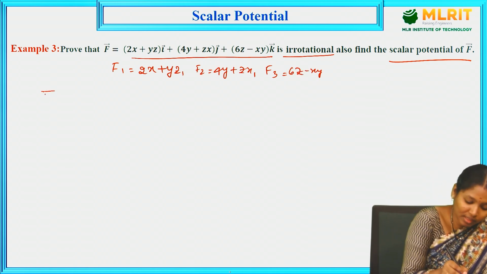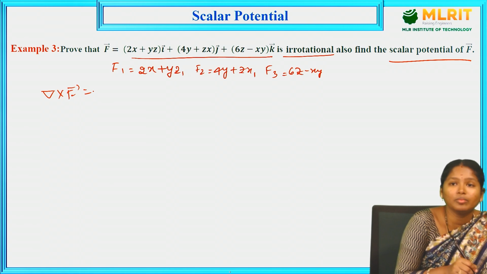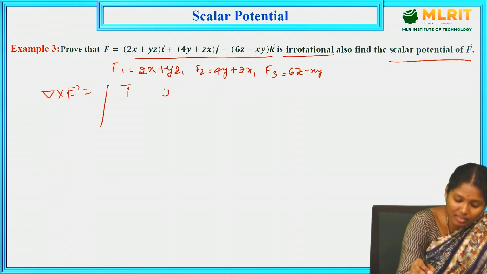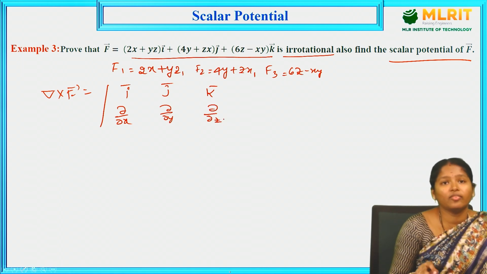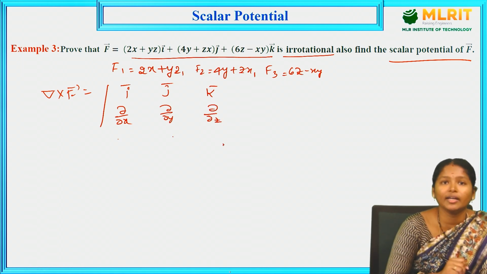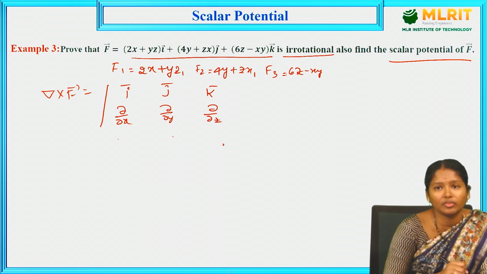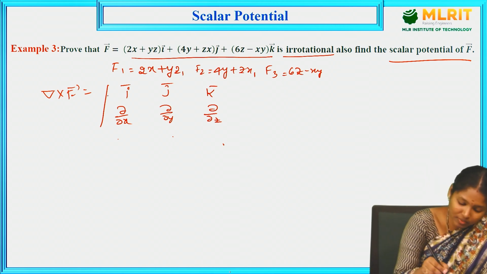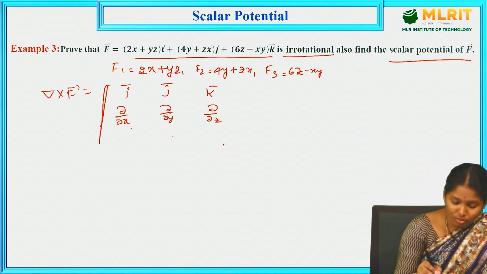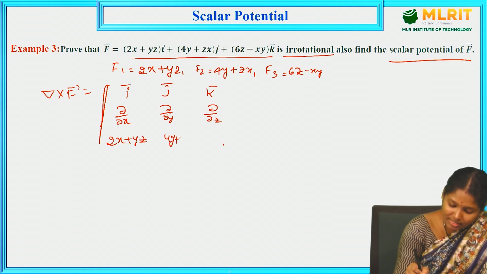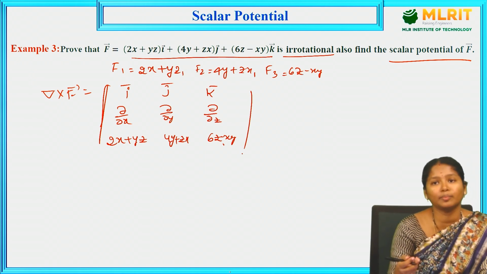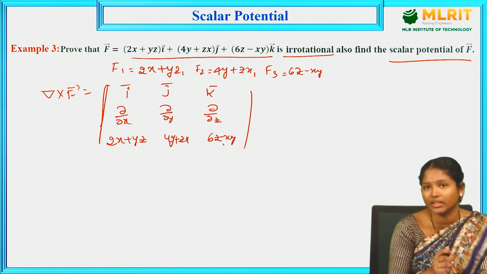So using the curl f bar formula, what is the formula? i bar, j bar, k bar, dou by dou x, dou by dou y, dou by dou z, f1, f2, f3, right? In the place of f1, f2, f3, I am substituting the given values: 2x plus yz, 4y plus zx, 6z minus xy, because in the previous two sums we already wrote the formula.